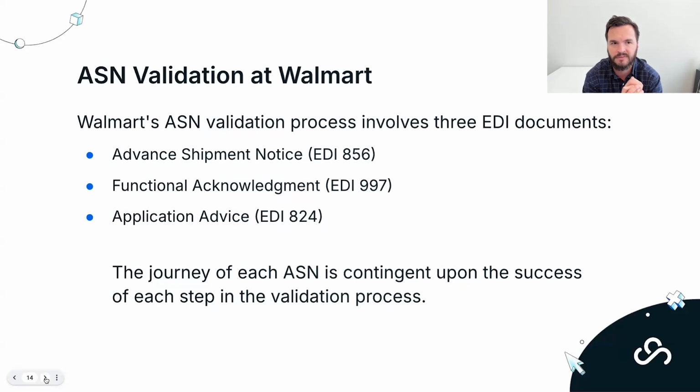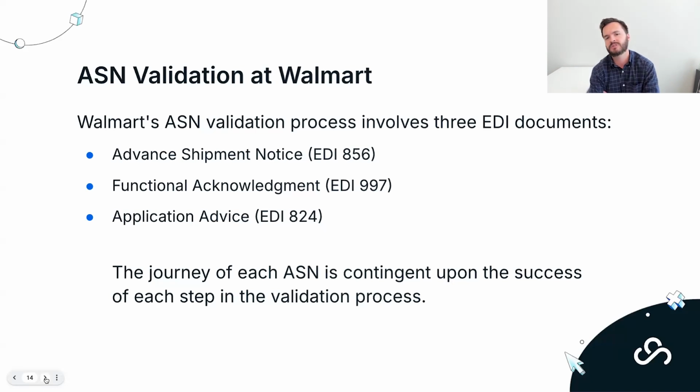The EDI 997 is more of an immediate, basically internal EDI check just to make sure that the EDI is actually working. In the old days of SQEP, they had ASN not downloaded as the main ASN error message, if that makes sense.